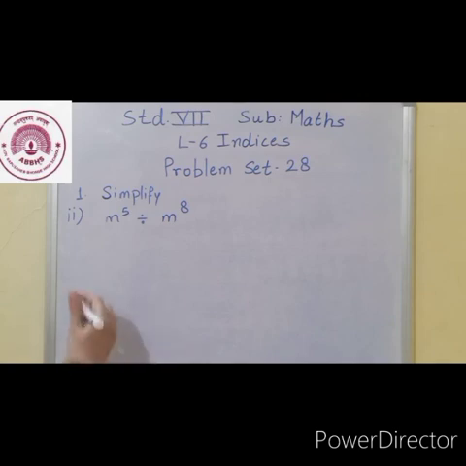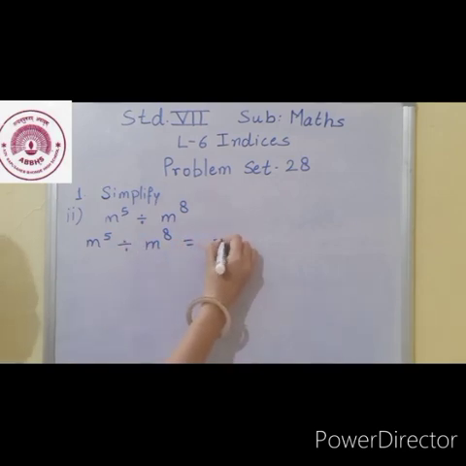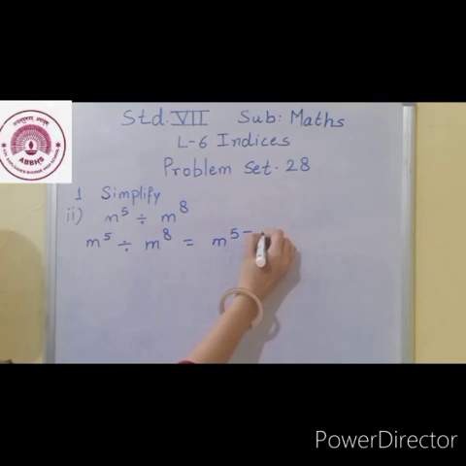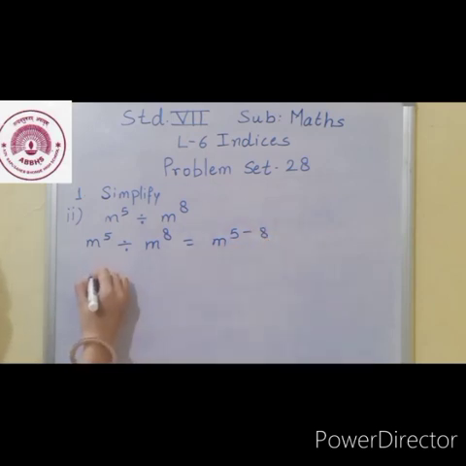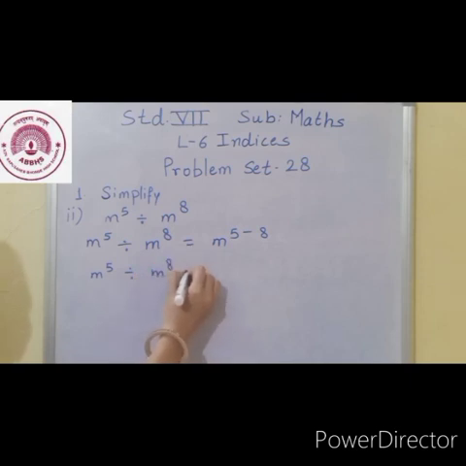So m raised to the power 5 divided by m raised to the power 8 becomes m raised to the power 5 minus 8, and it can be written as m raised to the power minus 3, as 5 minus 8 is minus 3. Similarly, you can solve first, third and fourth part.